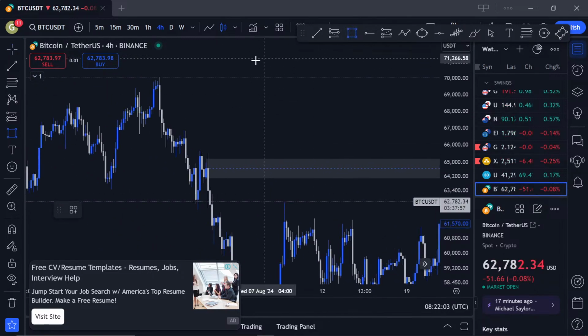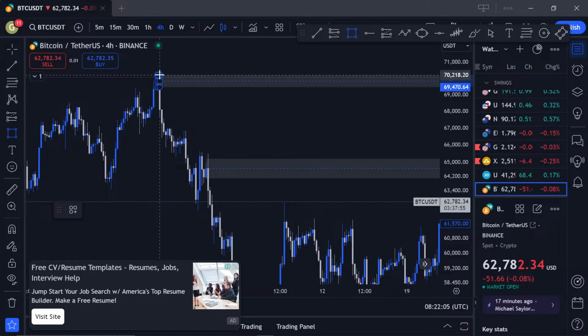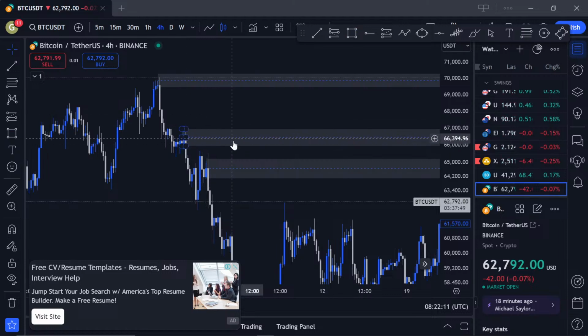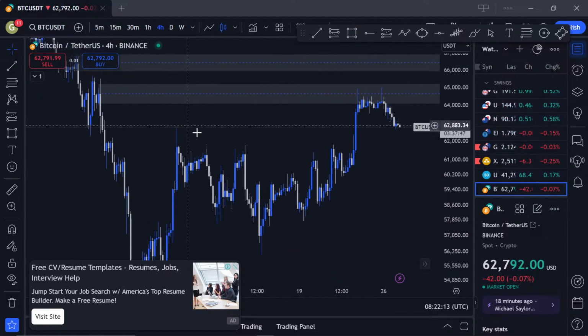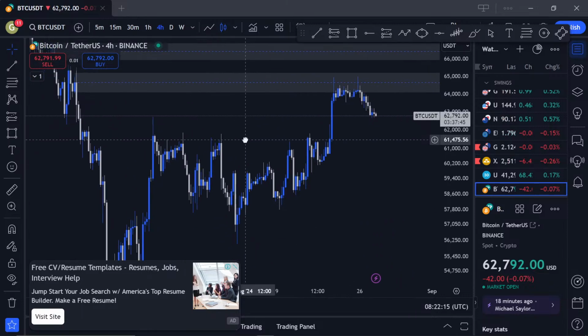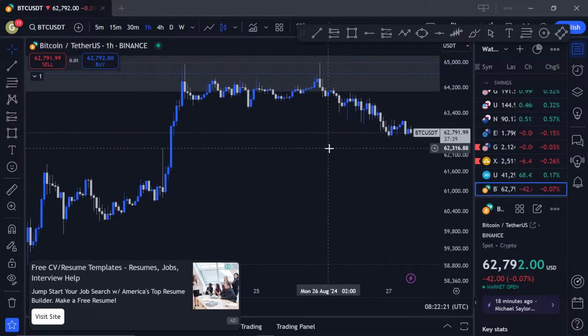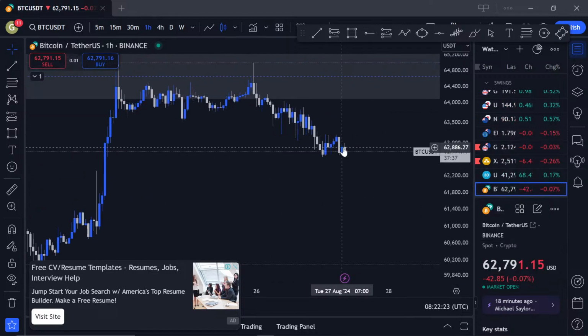So on BTC USD, sells look more likely than buys, because the market reacted from a supply level. So trying to get a buy is really dangerous. On the 4-hour time frame, I don't have any supply levels to identify, because the nearest one is what the market is currently reacting from.